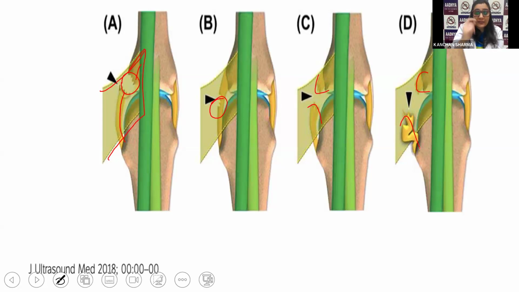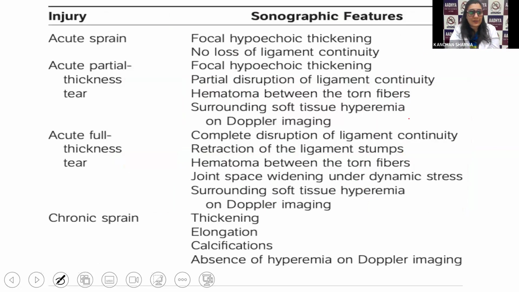Near the distal insertion, this is mid substance, this is full thickness, and the adductor pollicis is still in its own place. But here the ligament has retracted and gone inside, with the adductor pollicis going in between the two ends. These are the grades of it.